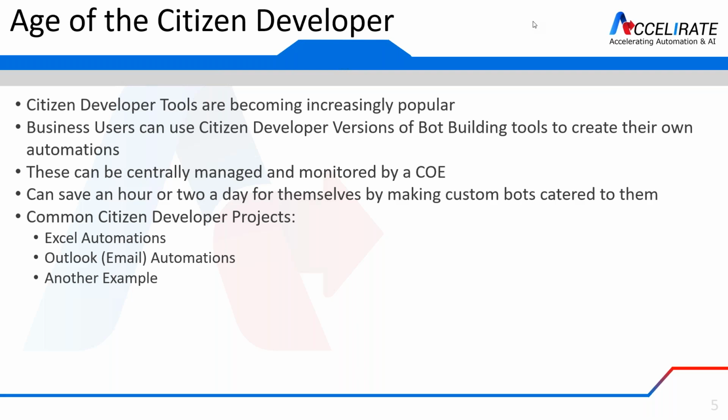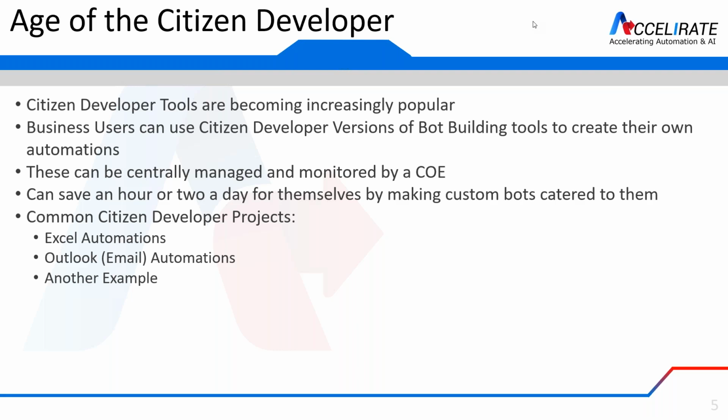That's great. You have all this efficiency, and if they leave, what happens to that automation? So you have a central management of that. Usually, citizen developer projects take Excel automations, a combination of Excel, Outlook, and some other application, and we'll talk a little bit about those in the examples later on.